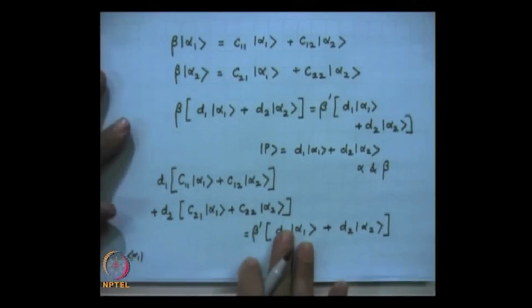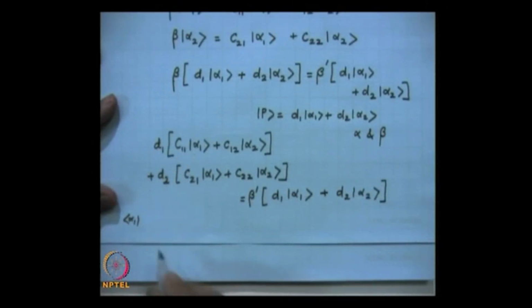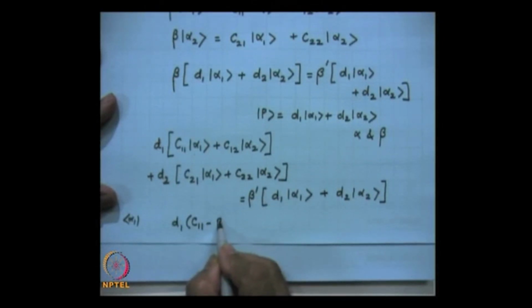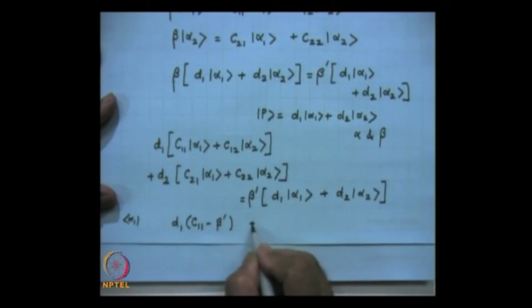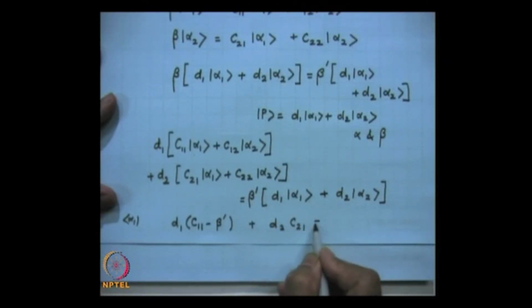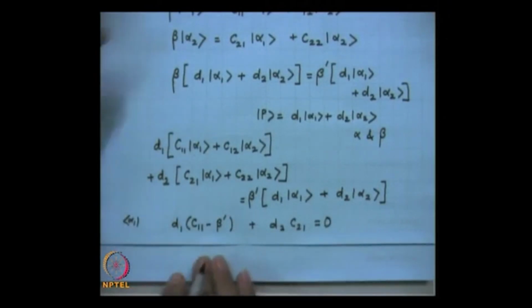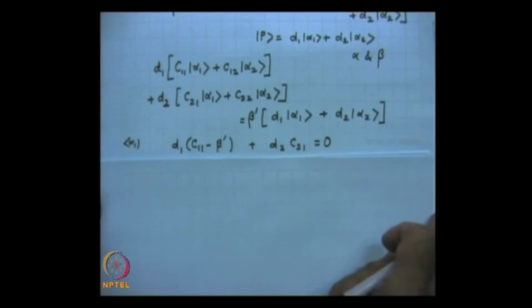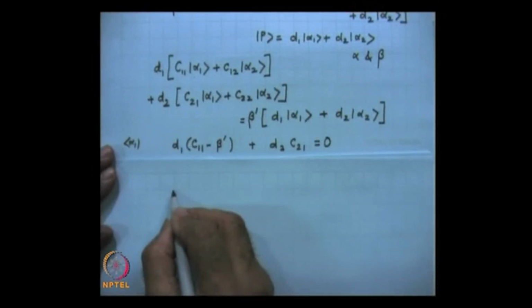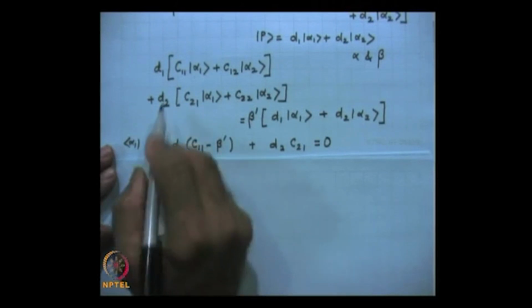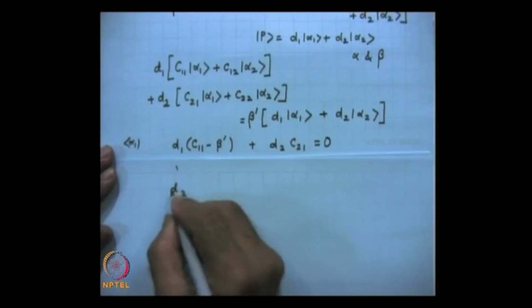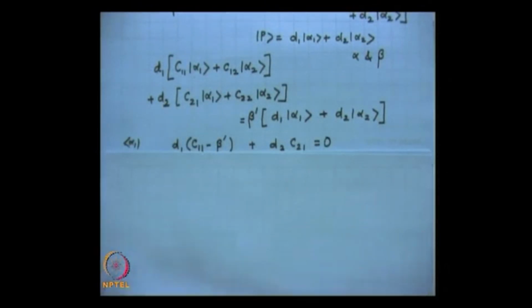We will obtain, if I take the coefficient of ket alpha 1, D1 C11 minus beta prime, plus D2 C21, this is equal to 0. And then we will have D1 C12.